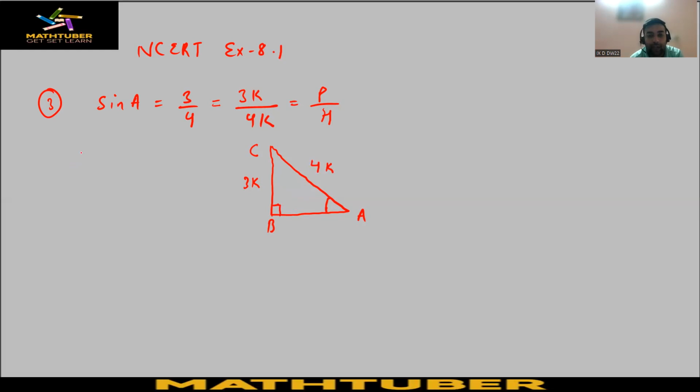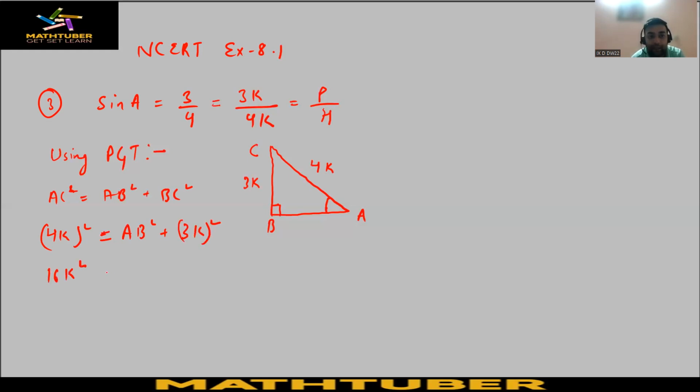So now we have to find the base using Pythagoras theorem. So using Pythagoras theorem, AC square is equal to AB square plus BC square. So that will be 4K square equal to AB square plus 3K square.